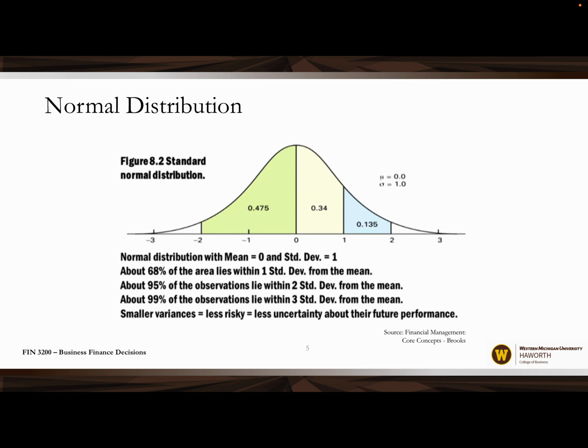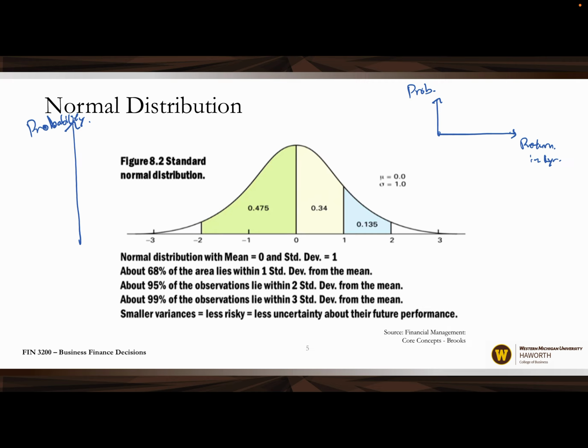Usually this chart is missing the y-axis, but on the y-axis we have probability. On the x-axis we have some measure. In this chapter, we're interested in the returns, let's say stock return in 1 year.